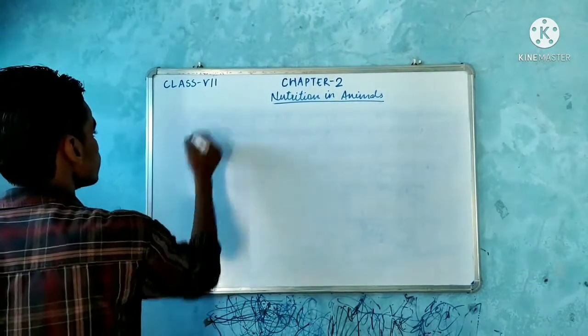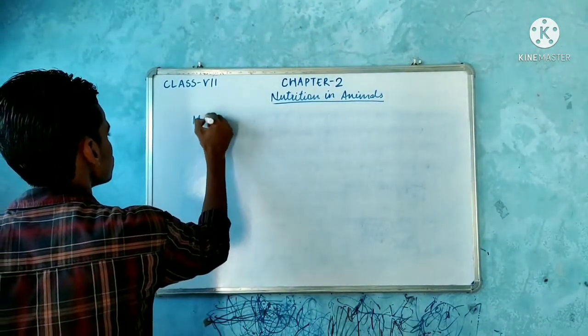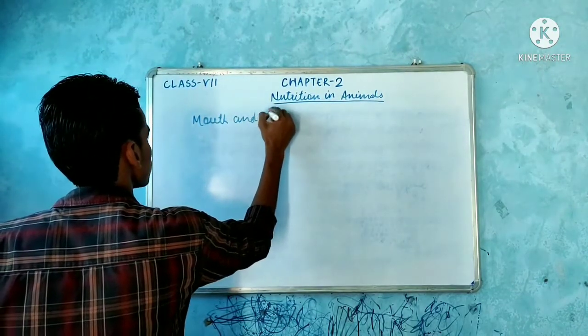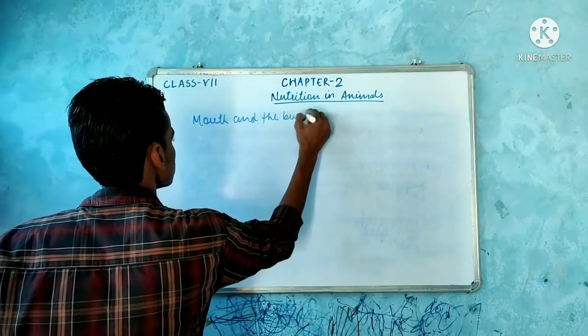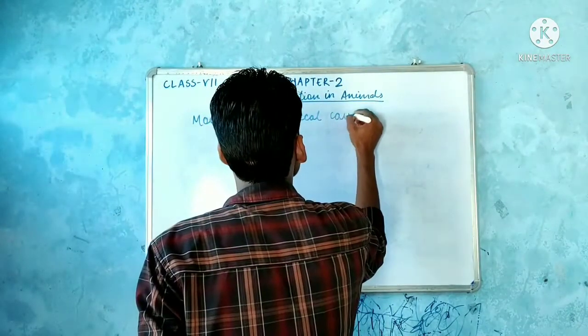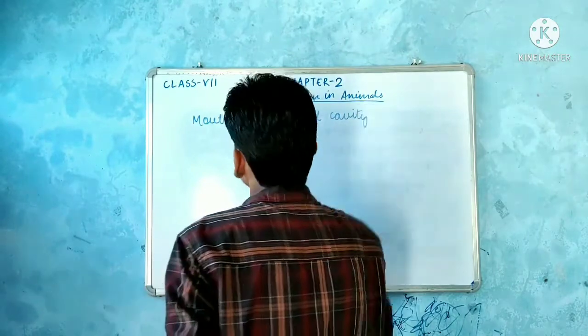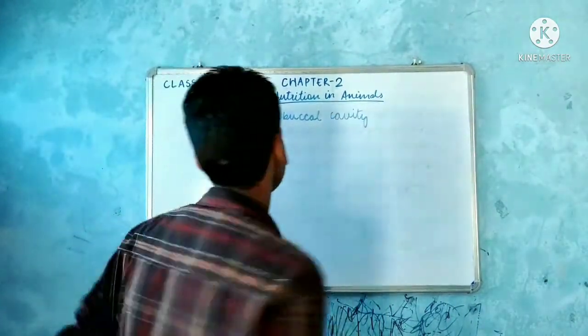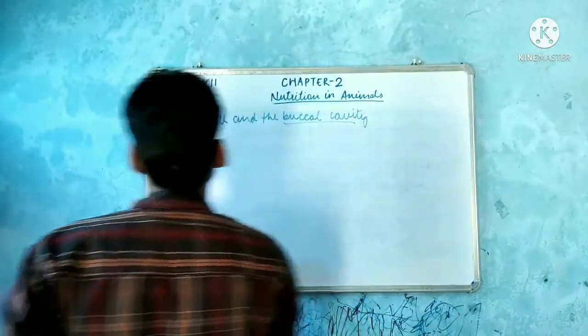The first part of alimentary canal is mouth and the buccal cavity. The mouth leads to buccal cavity. So what is buccal cavity?